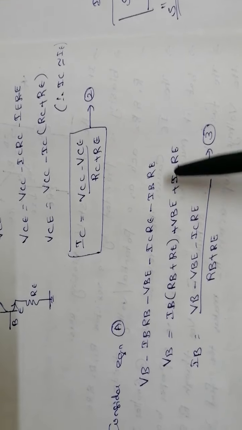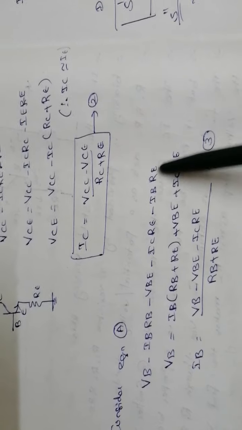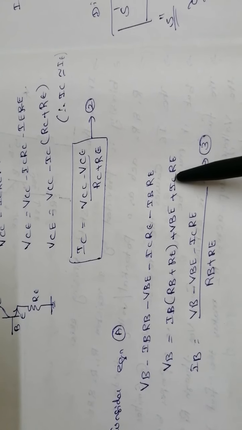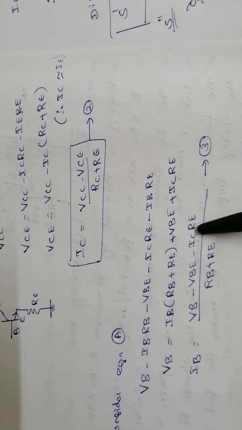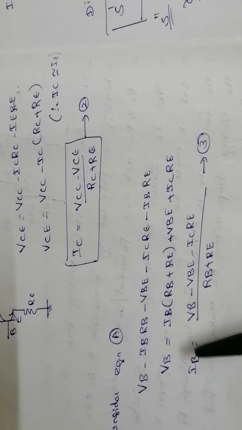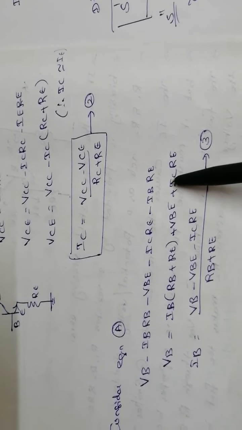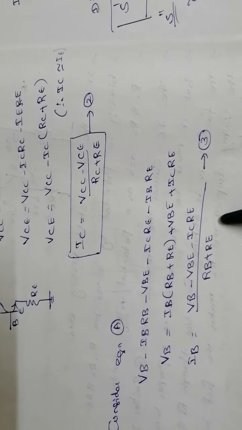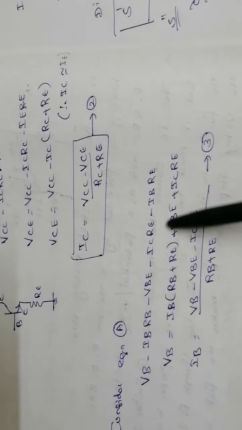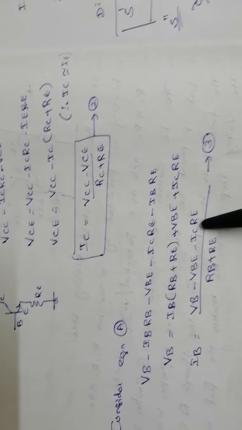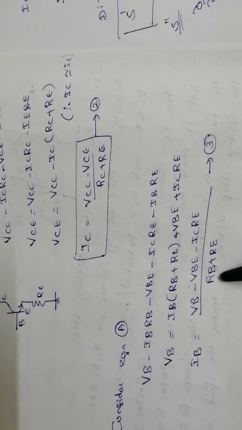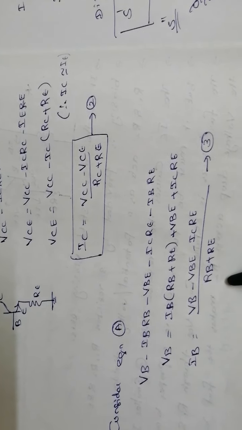Here we do not change IC in terms of beta into IB, just keep IC as IC. So IB equals VB minus VBE minus IC RE divided by RB plus RE. Because in the stability factor, the equation is S equals 1 plus beta divided by 1 minus beta times dou IB by dou IC.